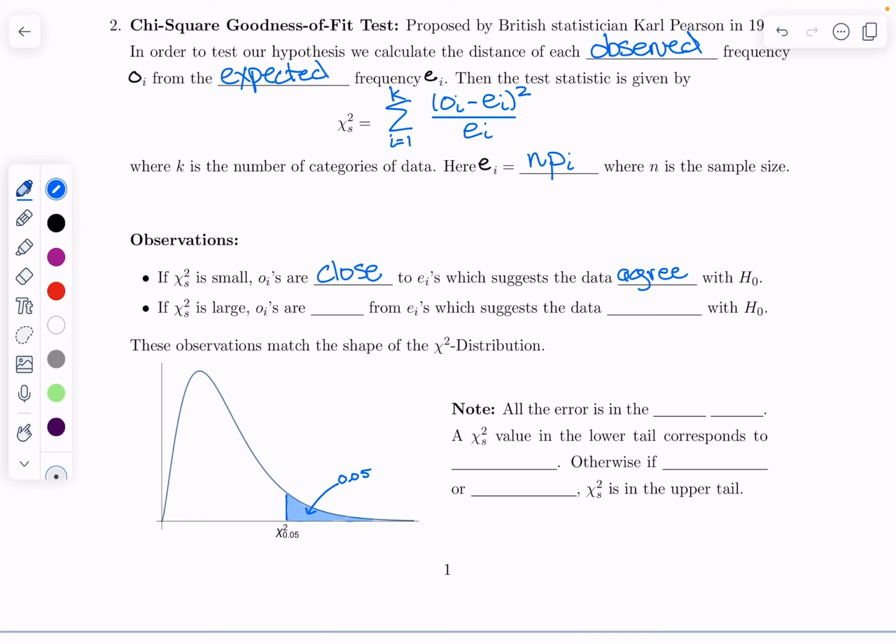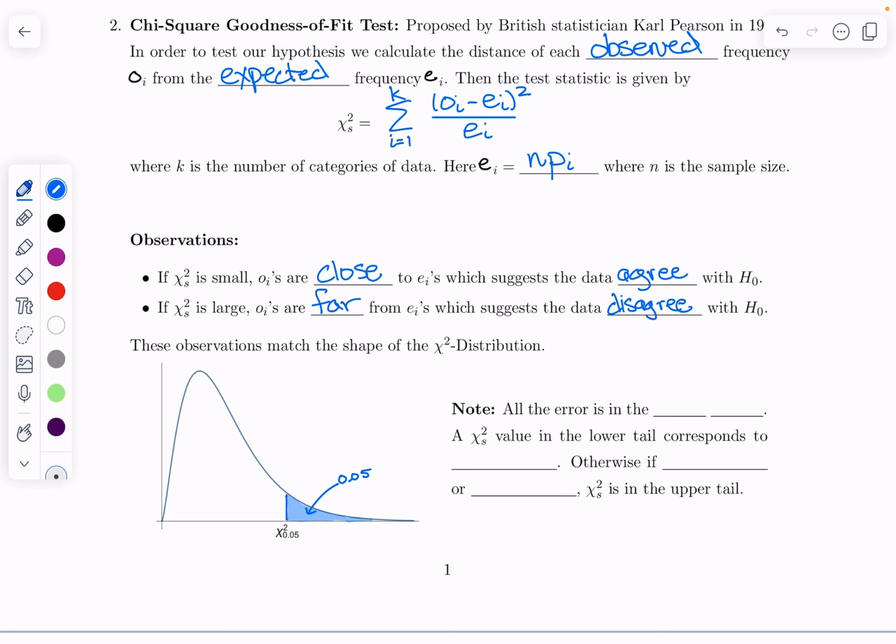But if the chi-squared is large, the observed frequencies are going to be far from the expected frequencies, and that suggests that the data disagree with the null hypothesis. And so the idea is that if we get a chi-square statistic that's large enough, then we'll have enough evidence to reject the null hypothesis.